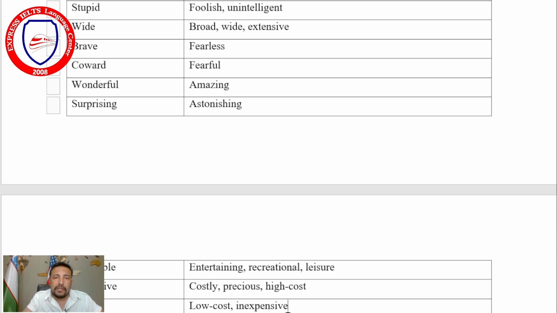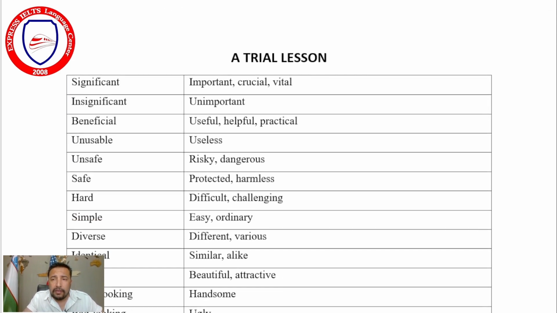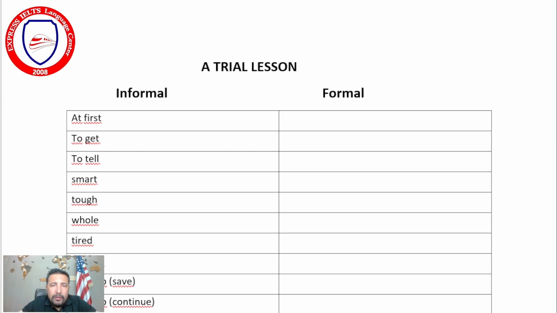Okay, if you know these synonyms, you can use them in your speaking, in your writing, and I'm sure it can be very helpful for you. Okay, now we look at some informal and formal vocabulary. It would be better if you use more formal vocabulary instead of informal ones. For example, first word that we have, at first, it means like initially.